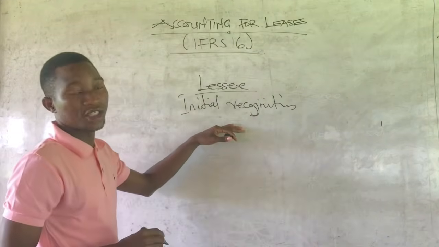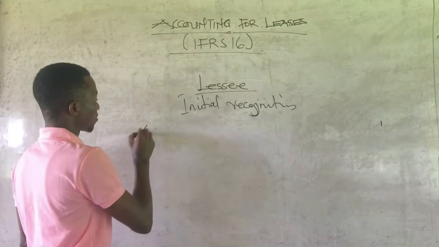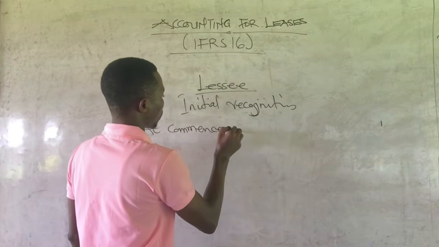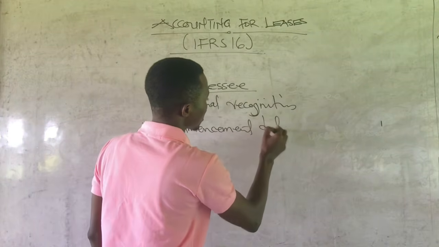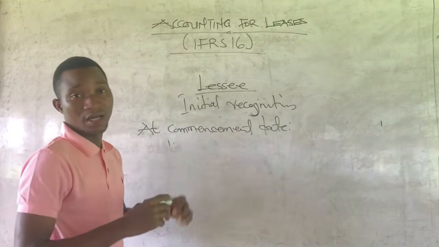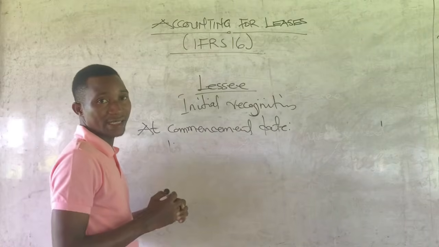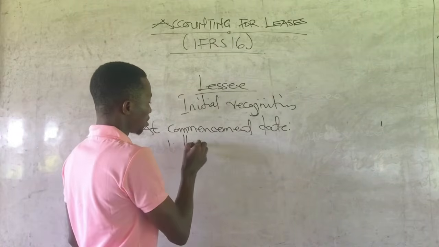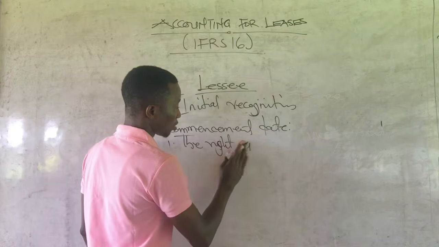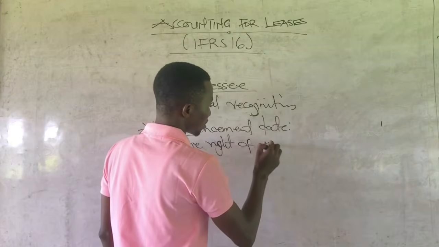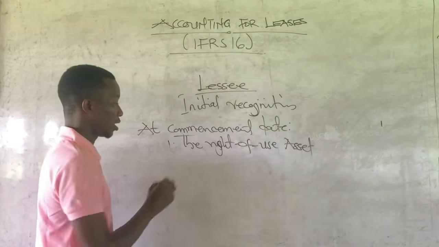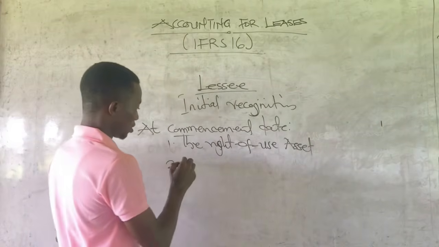At initial recognition, that is at the commencement date, one, the lessee has a duty to recognize the right of use asset, and two, the lease liability.